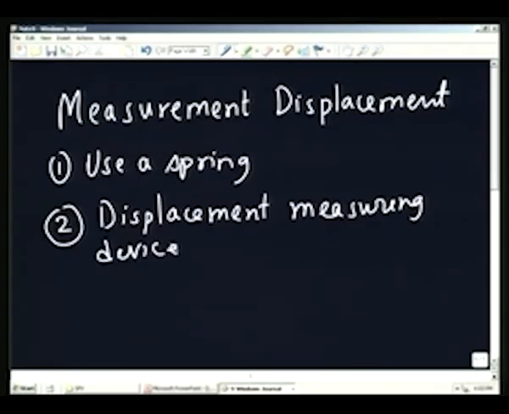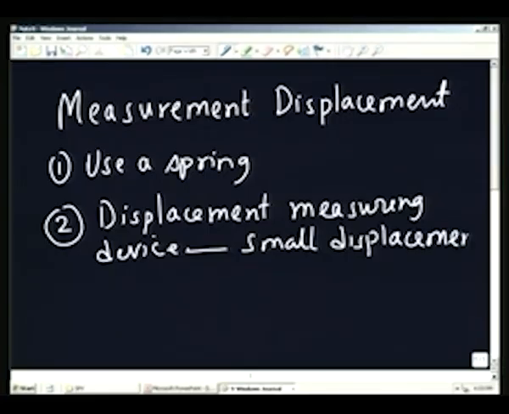If the displacement is small, we need a very sensitive method of measurement, and usually the displacements are in fact small. We will be able to see why the displacements are small, because in the case of the diaphragm, the displacement must not be such that it is going to give rise to plastic deformation. It should be operating all the time within the elastic limit.